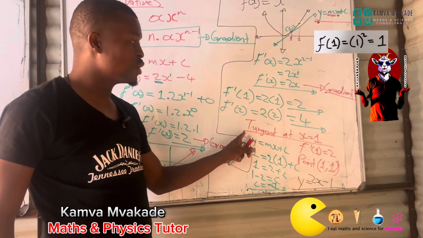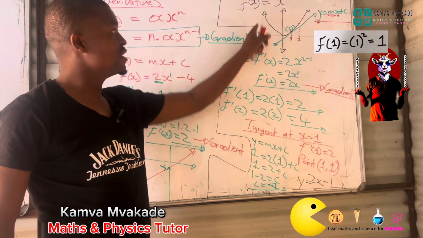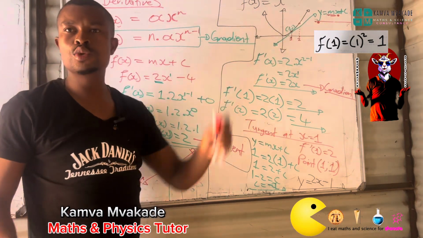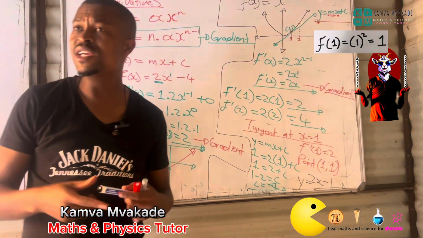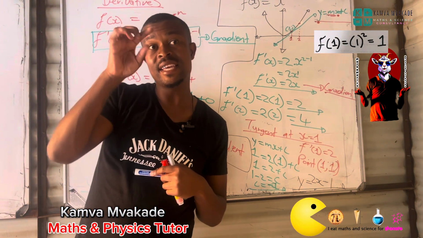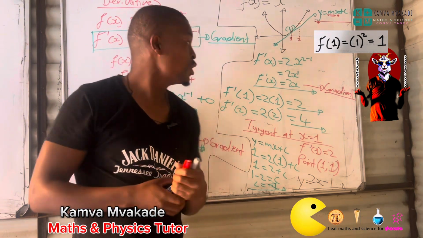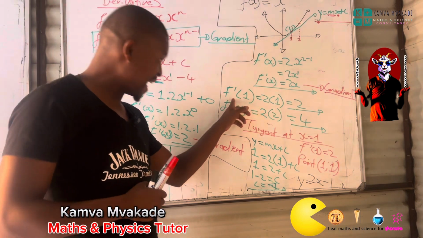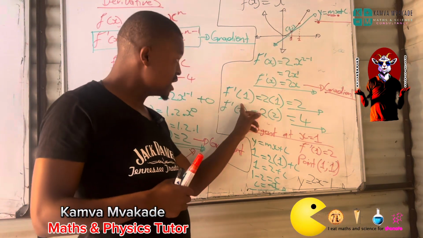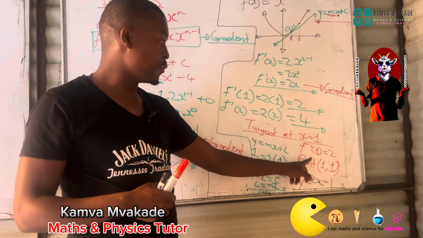Right? But when they say find the equation of a tangent at x equals to 1, and they give us the curve, what do we do first? You differentiate to find the equation of the gradient. Then where do you substitute in the gradient equation? You substitute 1, meaning you find the gradient at 1. What else do we want? We need a point.